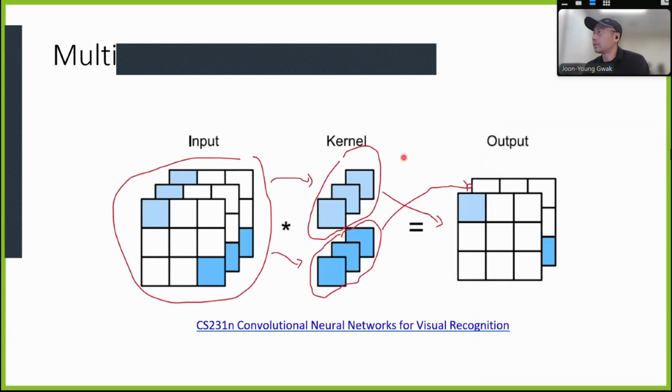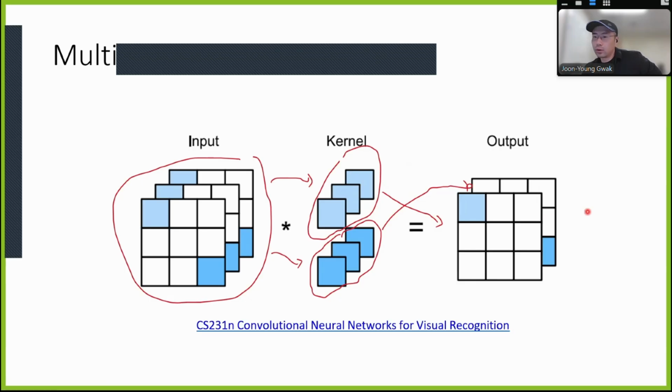Okay. So Jimson made a good point. Here we are seeing that the input has three input channels, and we have two filters with each filter including three kernels, and the output, we can see, has two channels.